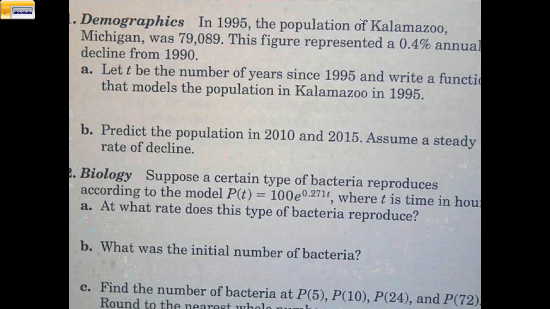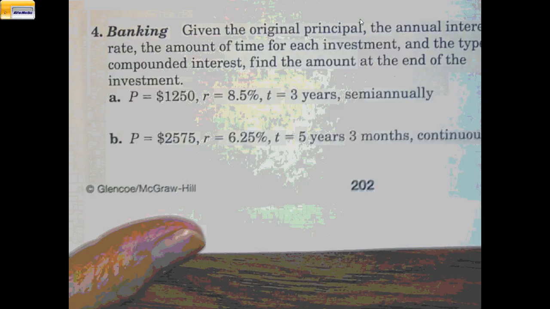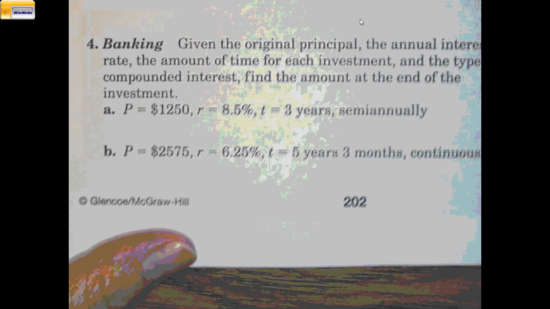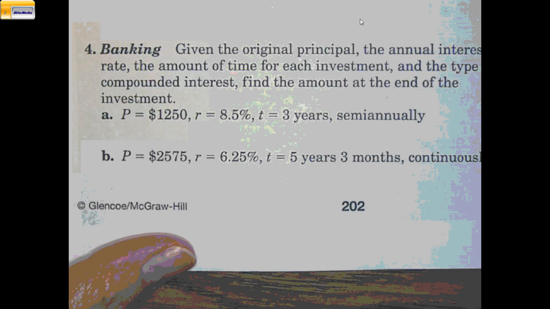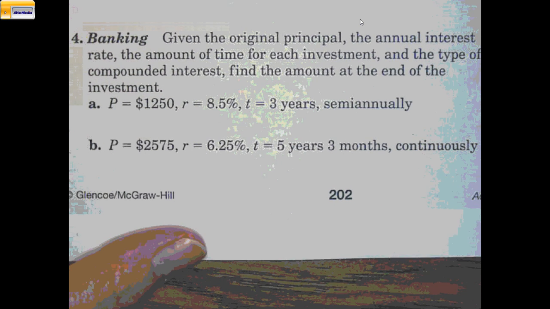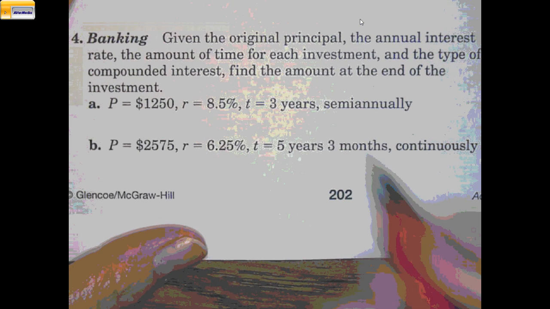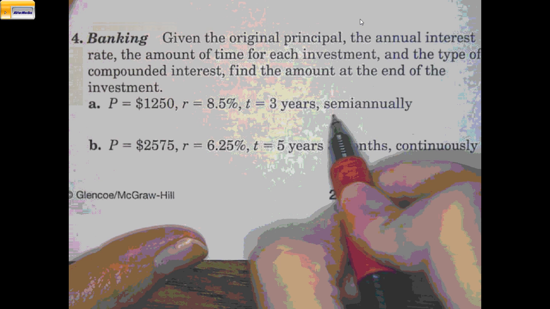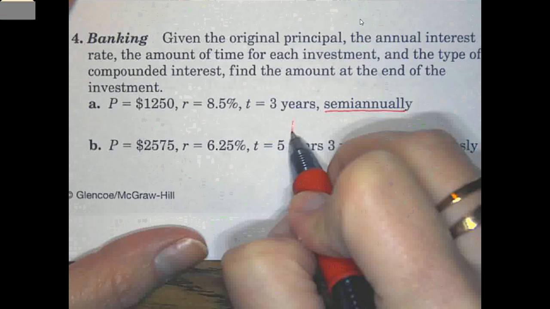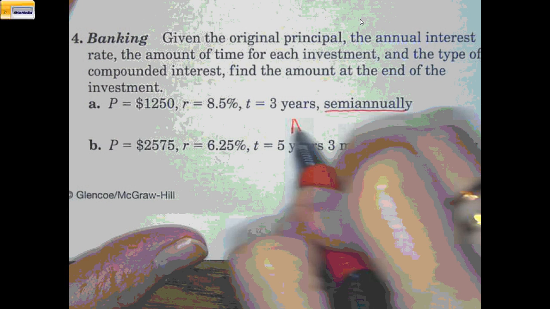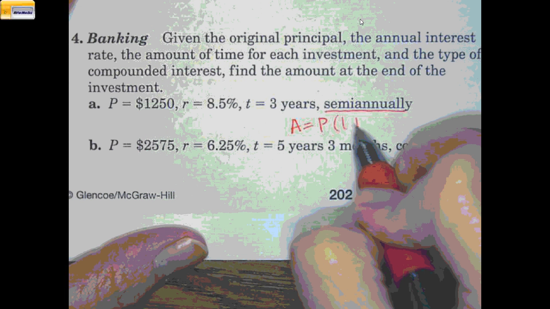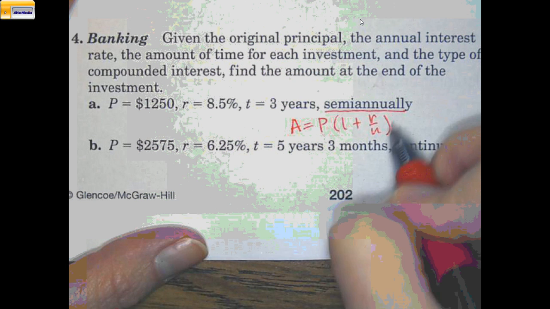Actually, no, go to number 4, sorry. Number 4, it says, given the original principal, the annual interest rate, the amount of time, the type of investment, or the type of compounded interest, find the amount. What I want you to be aware of is that these are asking for 2 different formulas. One of them is compounded semi-annually. That's yesterday's stuff. We said A equals P times 1 plus R over N to the NT.